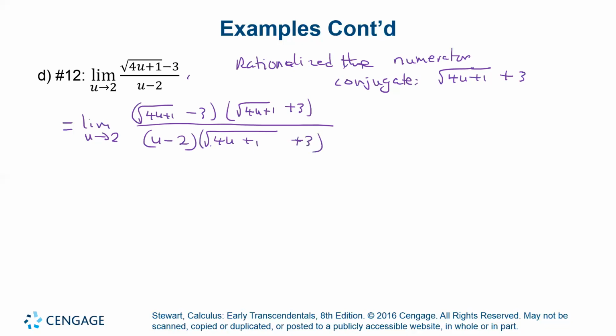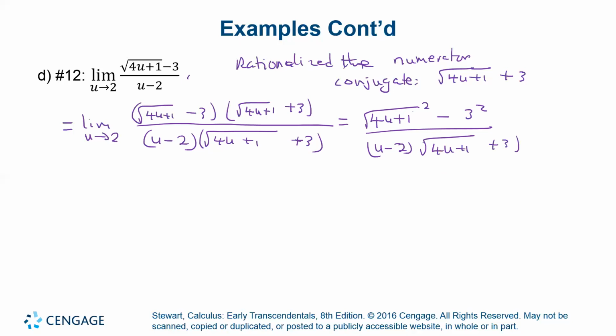Now if you simplify the numerator, you square this and square that one, minus 3 squared, because they have opposite signs. The denominator, u minus 2, will stay the same, times the square root of 4u plus 1, plus 3.